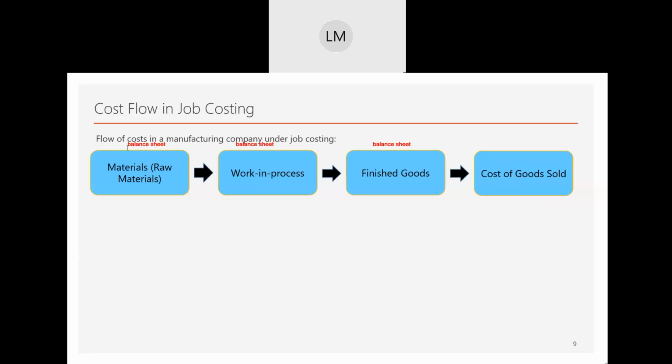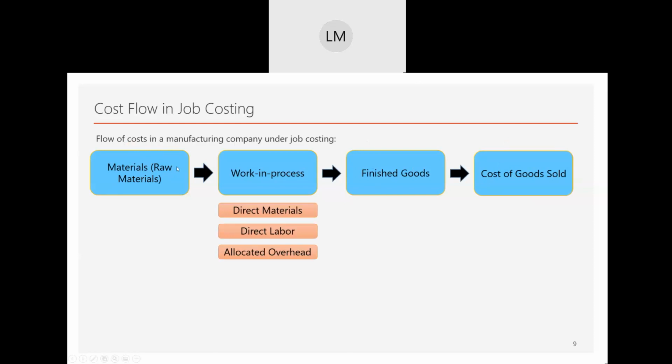Where does that usually get expensed off? On the income statement. So these are balance sheet accounts, our materials, our work in process, and our finished goods. And then once those finished goods are sold, they are expensed off as cost of goods sold.